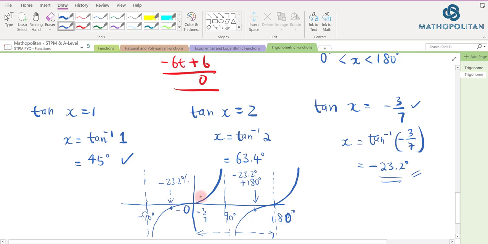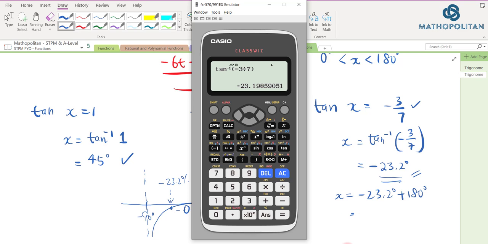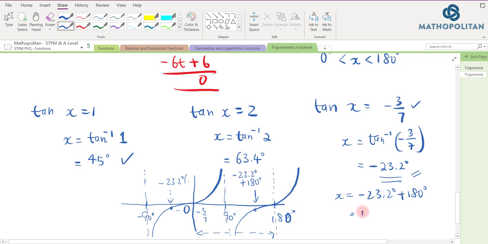The value repeats every cycle. So what you need to do is change this answer to negative 23.2 degrees plus 180 degrees. So I'll plus 180, and I'll get around 156.8 degrees. This answer is the one that we want because it's between 0 to 180, between that range.